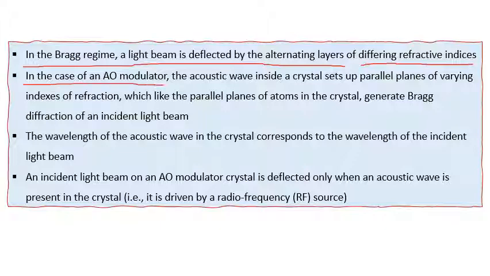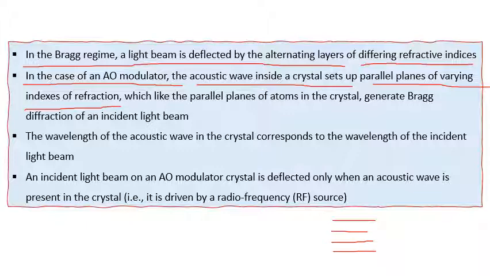In the case of an AO modulator, the acoustic waves inside the crystal set up parallel planes of varying index of refraction. Simple thing. In the case of the acousto-optic modulator, which we are studying, the acoustic waves inside the crystal set up the parallel planes of varying index. That is compression, rarefaction, again like this, like this.